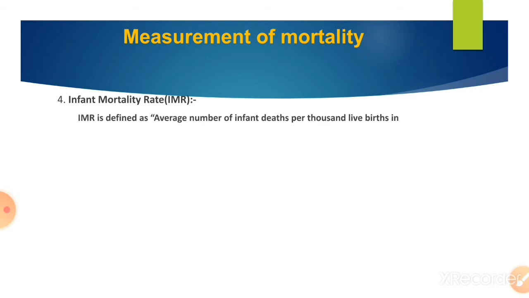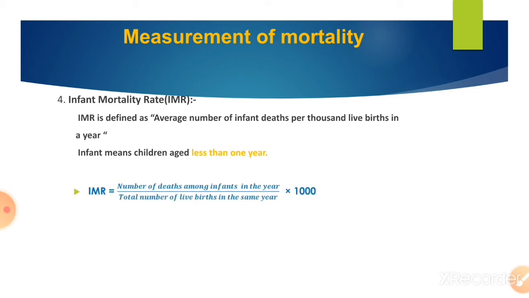IMR is defined as the average number of infant deaths per 1,000 live births in a year. The formula of IMR is equal to the number of deaths among infants in the year divided by the total number of live births in the same year, into 1,000.